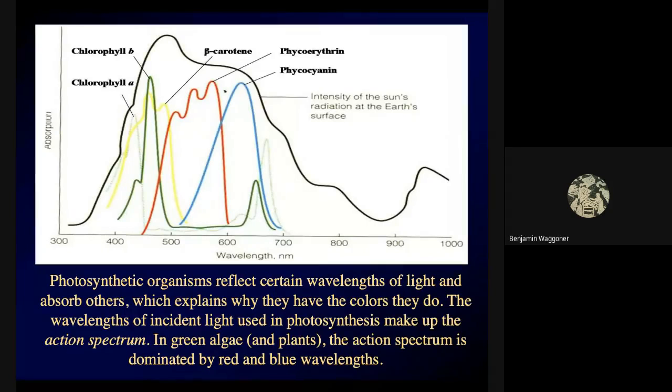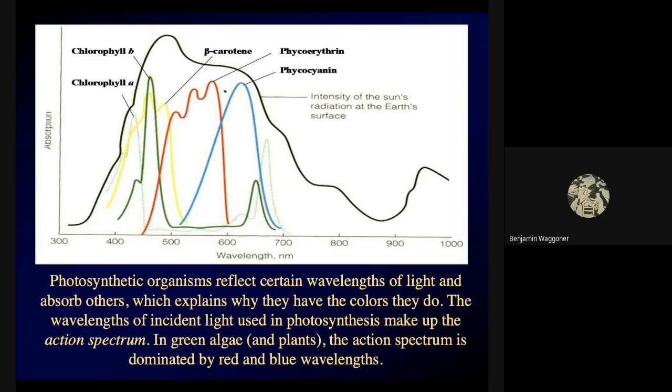It's absorbing light of those wavelengths and reflecting light in the middle. So you see there's a very flat absorption spectrum between about 500 and maybe 625. That's all the light that the chlorophyll B is not absorbing. Instead, it's reflecting. And so it comes to our eyes and we perceive it as the color green.